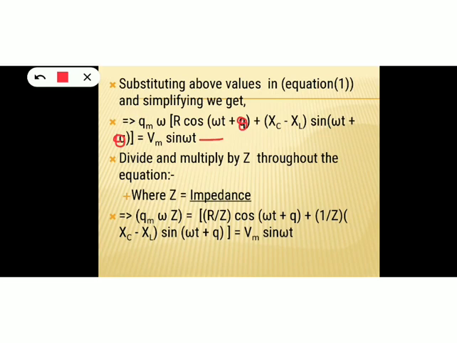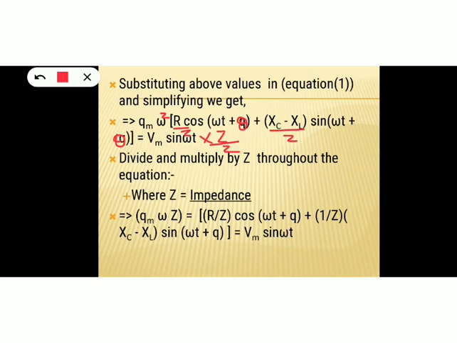Now once you get this relation, divide and multiply by Z throughout the equation. So here you multiply with Z and here divide each term by Z. So you will get R by Z, and here you will get (Xc minus XL) by Z, like that.